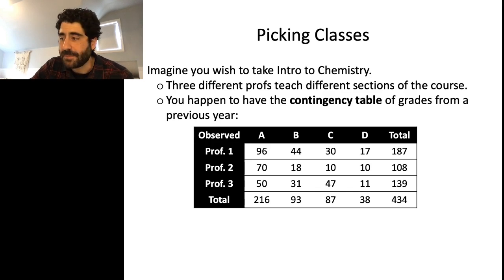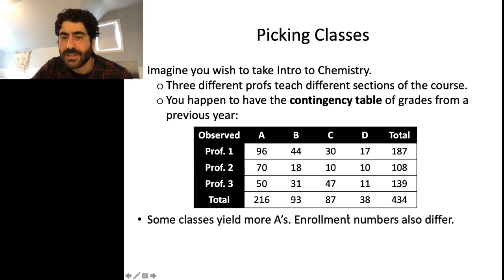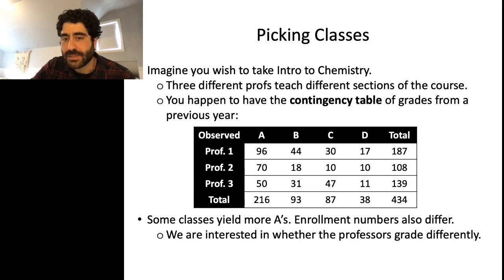And so you can see that the data is kind of complicated. There are different numbers of people in each class. There are different numbers of people getting each grade. And what we want to know is, if we have a choice among professors here, and we want the best chance of getting an A, which class should we take? Or maybe a more general question is simply, are these professors grading with different distributions?